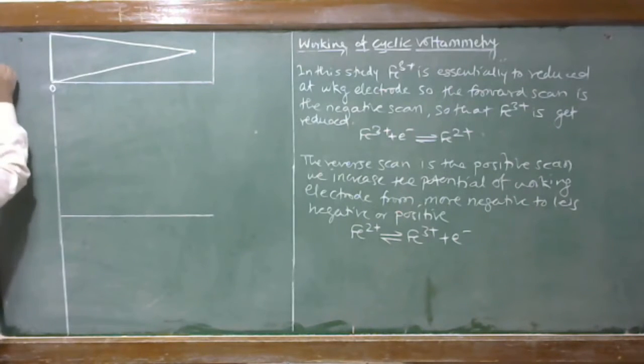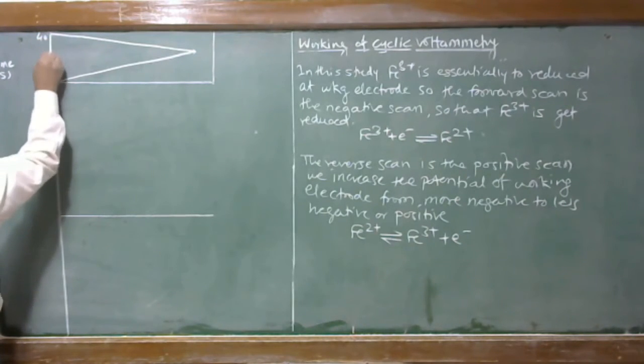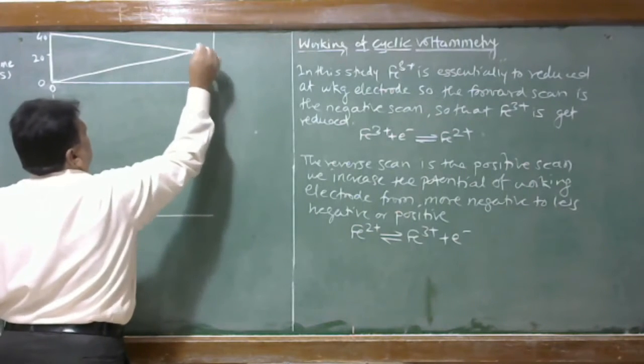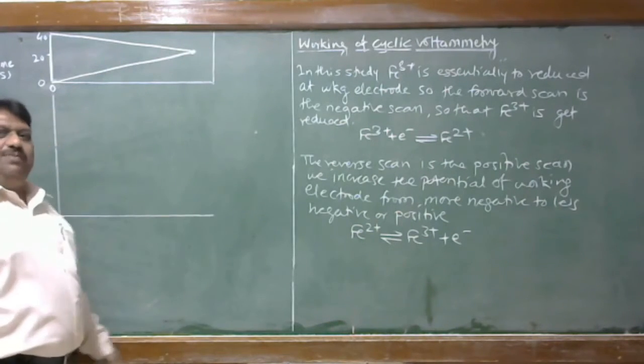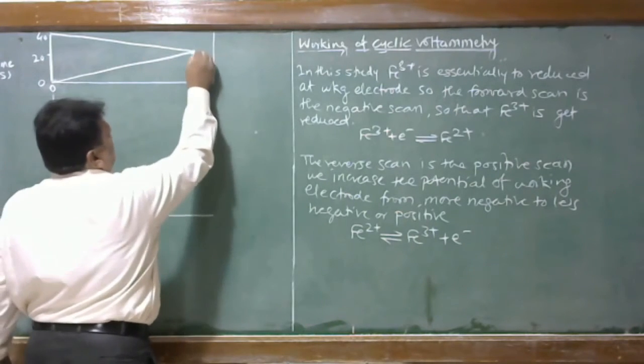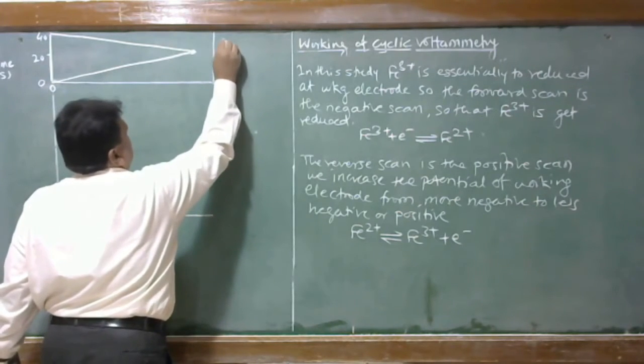Here this is a graph of time in seconds, here 0, 20, 40. And when time reaches 20, or when the first scan is completed, we can reverse that scan. Then this potential is called the switching potential.